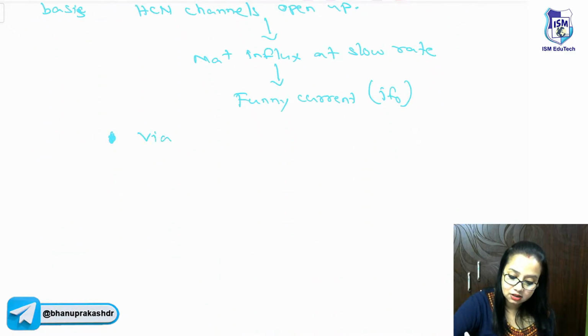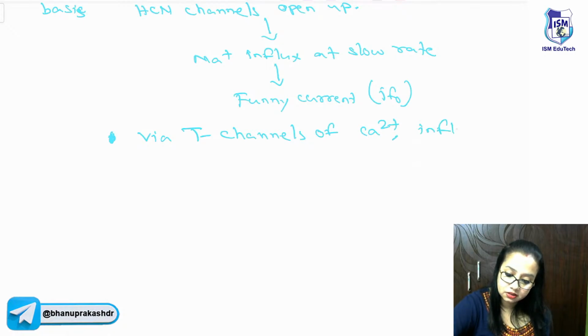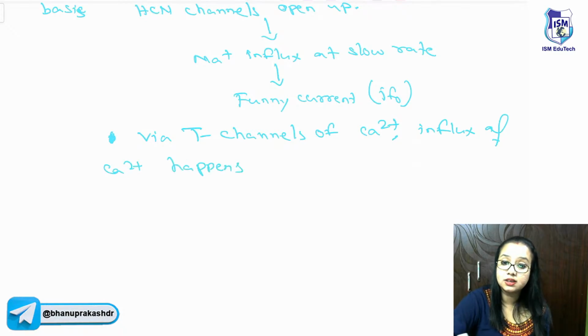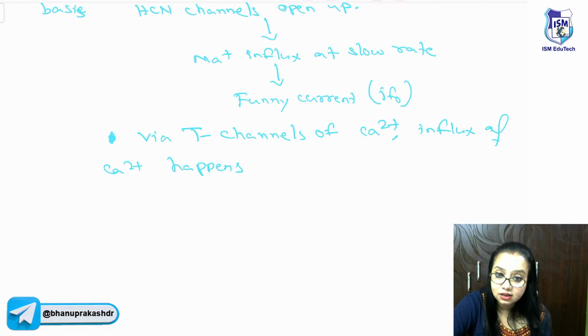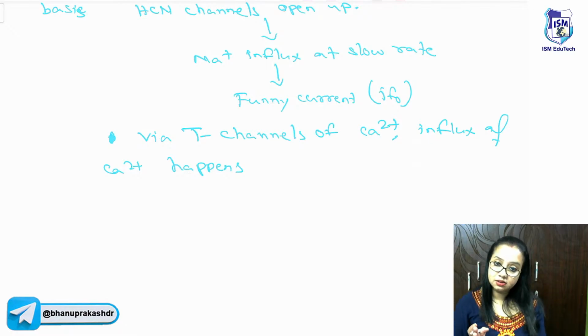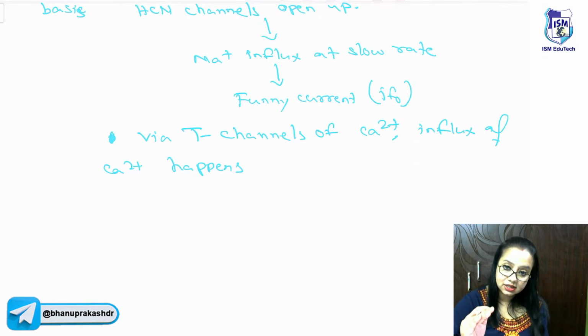So via T-type channels of calcium, influx of calcium happens in phase 4, which is the pacemaker potential, means the resting membrane potential is rising to cause the firing from the SA node. Okay, so the first was the influx of sodium via the funny current channels, to generate the funny current, and second is the influx of calcium. That is the 2 reasons.